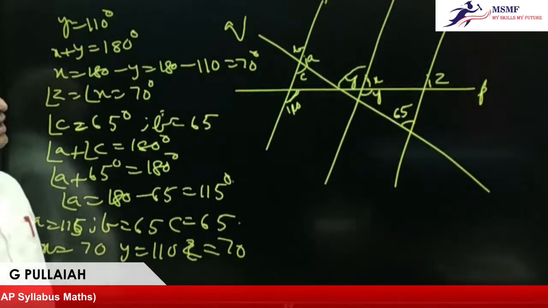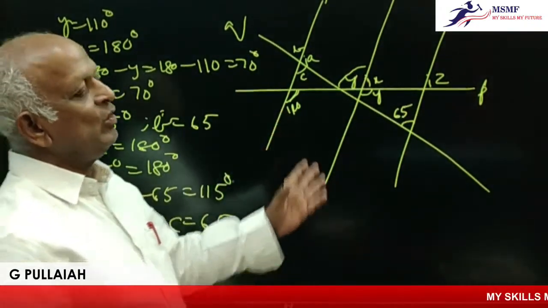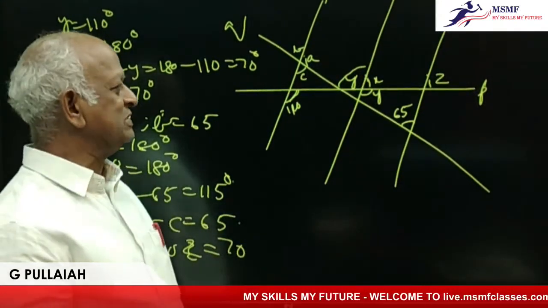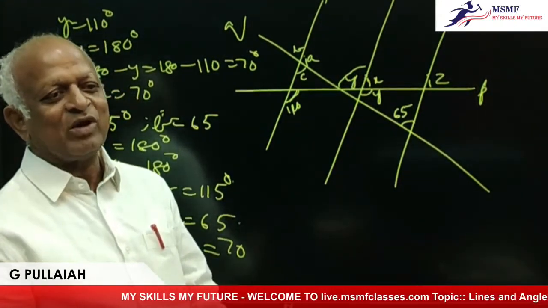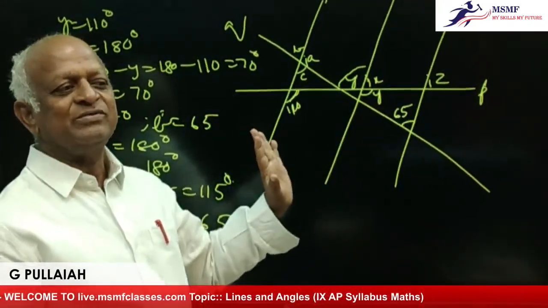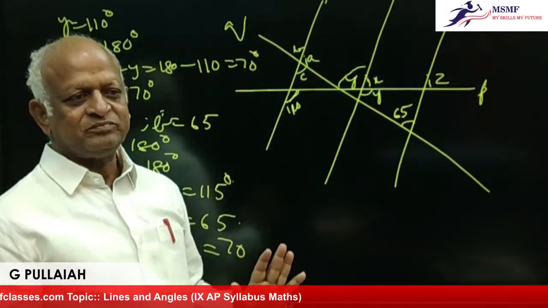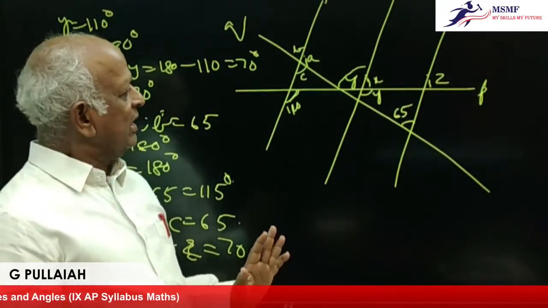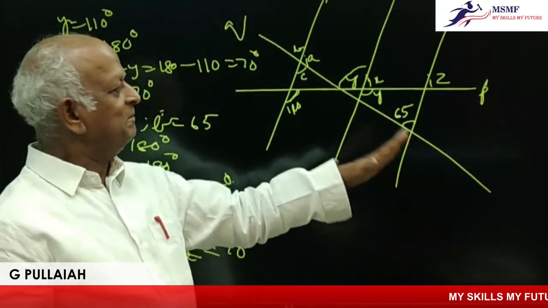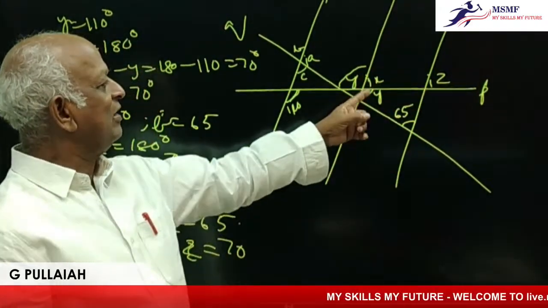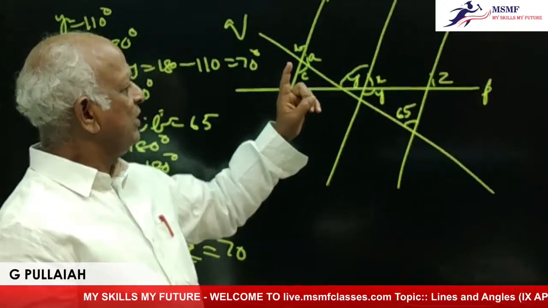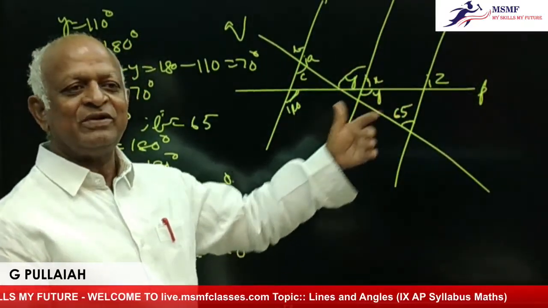Now what did we do here? Because here we got two transversals, naturally there is a possibility for us to get confused. But the best idea is that we take only one transversal first, forgetting the other transversal. We have taken transversal P and forgotten about Q. Basing on P, we can find the value of X, the value of Y, and also Z. Finished.